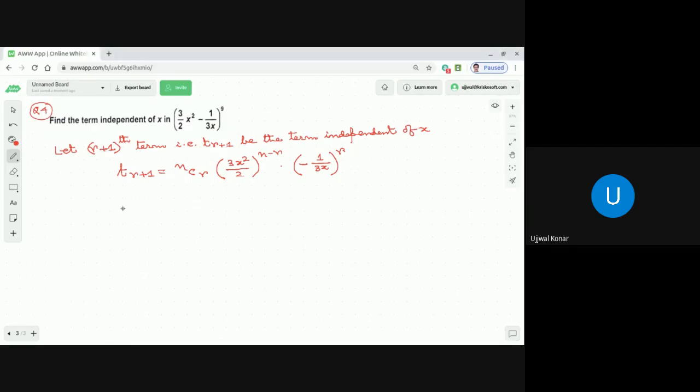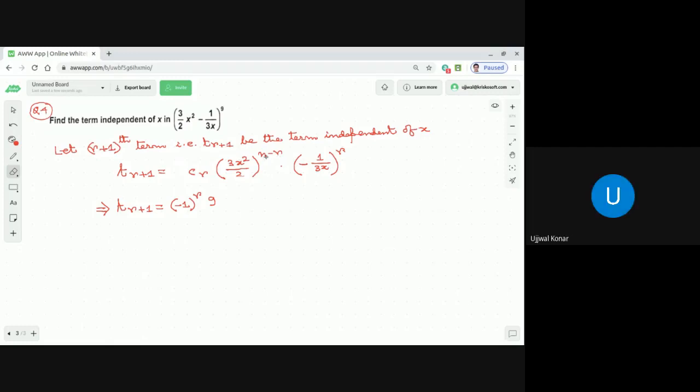Now if we simplify this further, T(r+1) becomes (−1)^r into 9Cr. In fact, instead of n we can write 9, let's not complicate things.